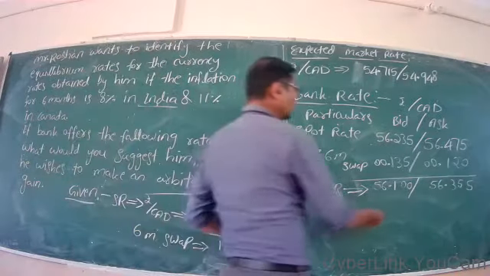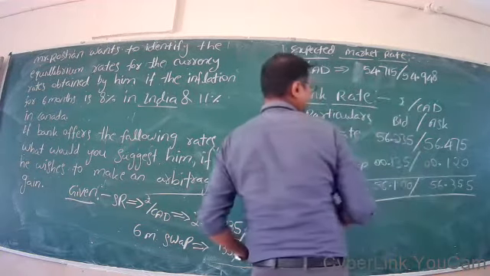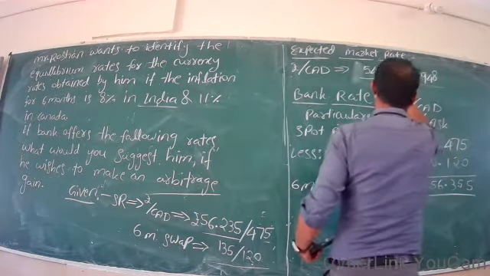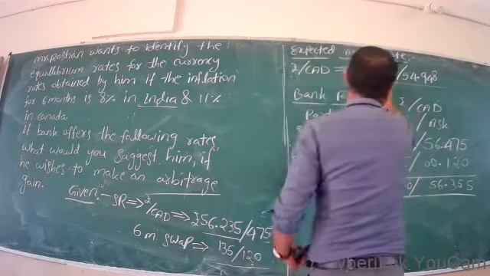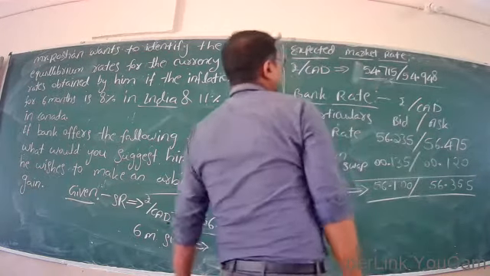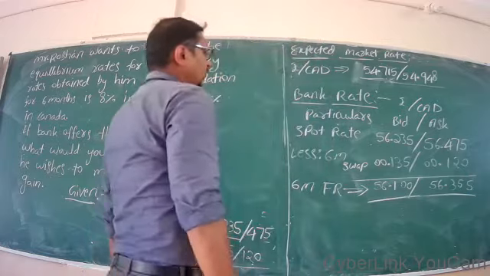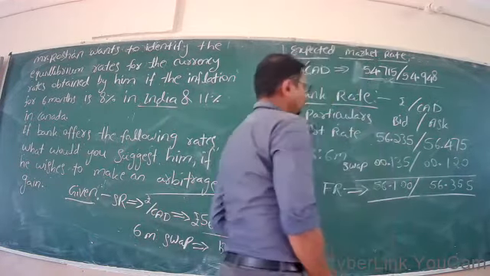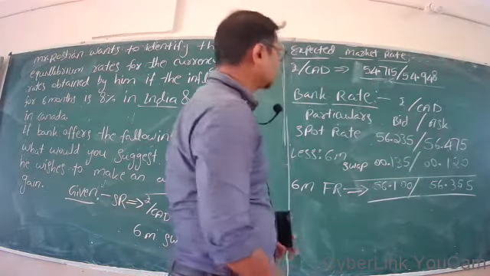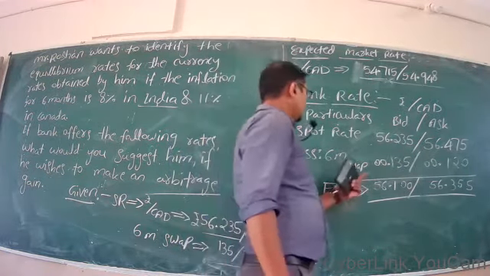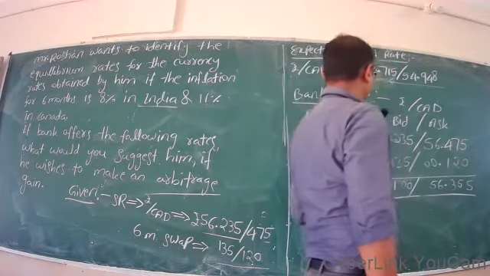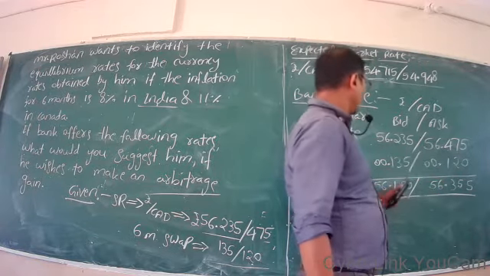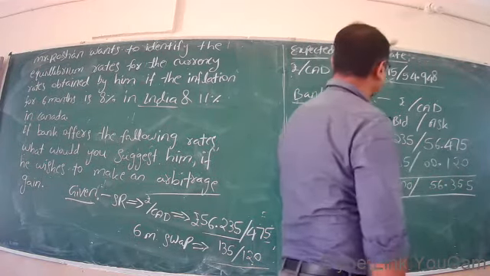Now we have both answers. The prevailing market rate after adjusting the inflation rate in both countries is 54.715 oblique 54.948. The banker offers a 6 month swap point; once you adjust the swap point with the spot rate, the 6 month forward rate offered by the bank is 56.100 oblique 56.355.